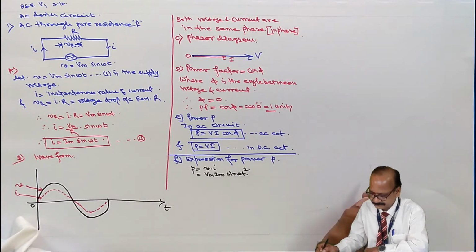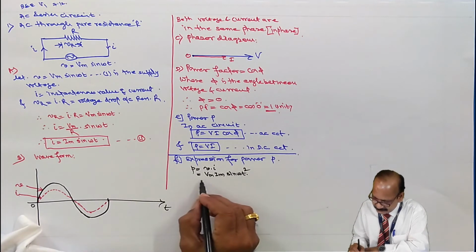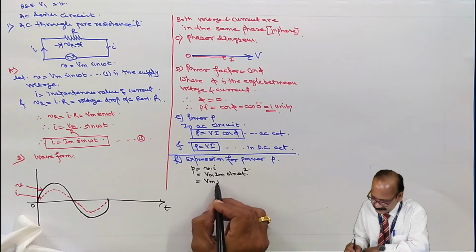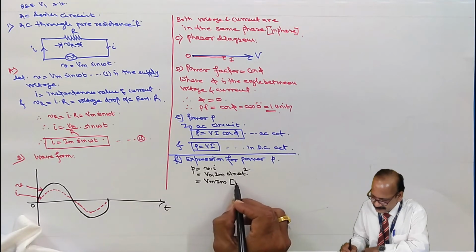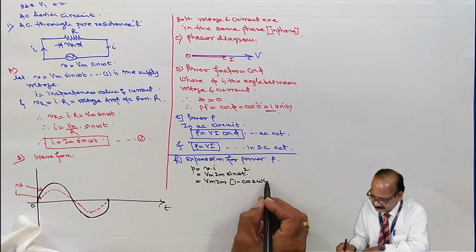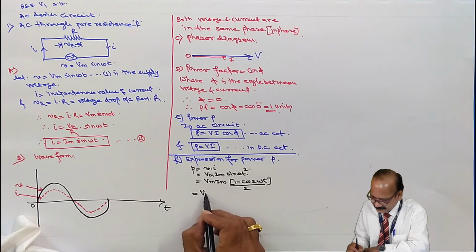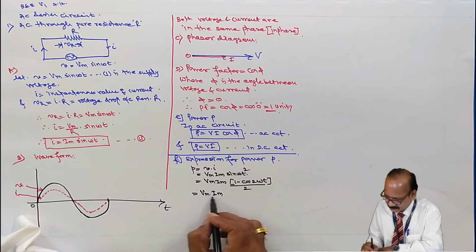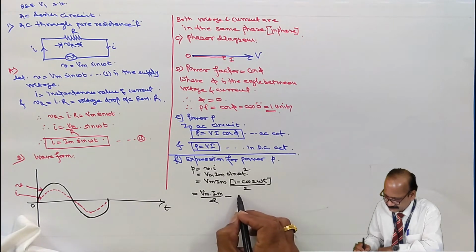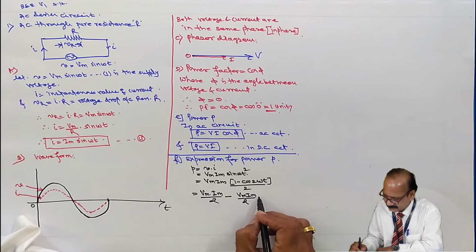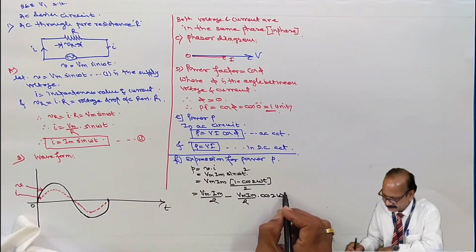This can be written as V max I max into (1 minus cos 2 omega t) divided by 2. So V max I max upon 2 minus V max I max upon 2 into cos 2 omega t.